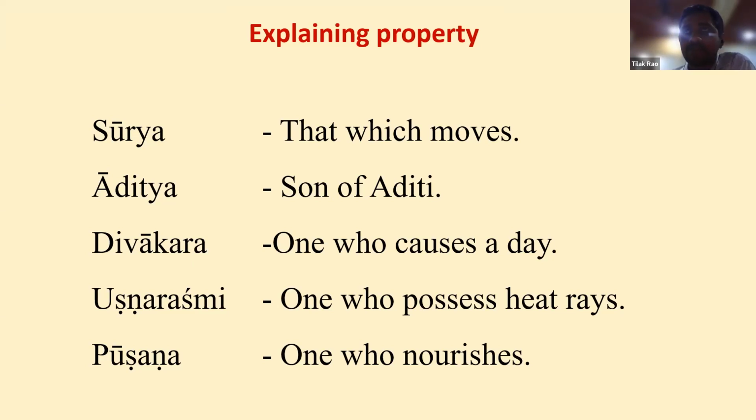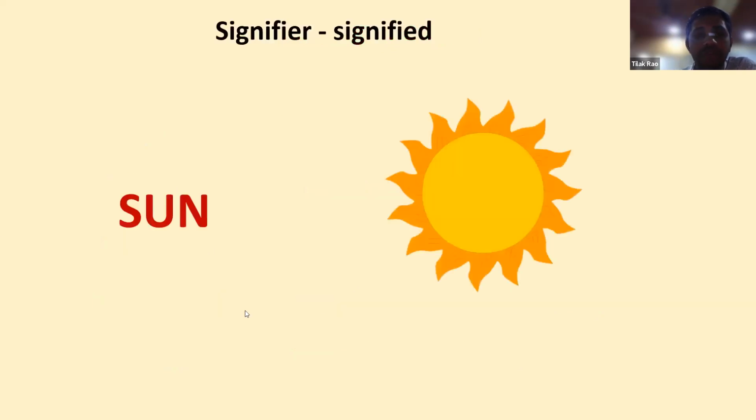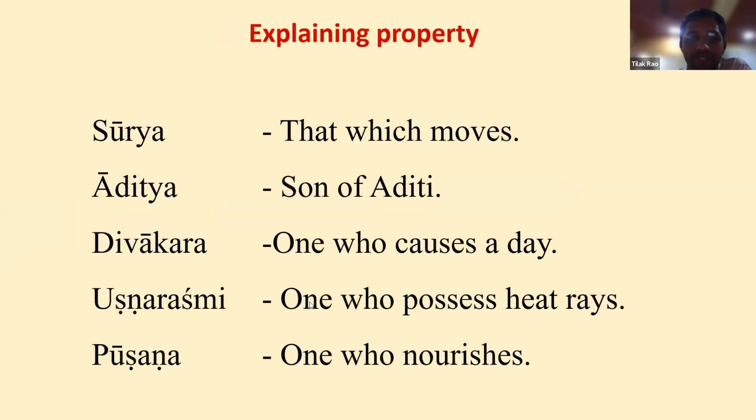So all these words are explaining some or other property of the object. But if you compare with the word sun, the sun is just signifying the object. It is not explaining any property of the object. But Sanskrit words, unlike this word, all Sanskrit words in general, explain the property of that object.